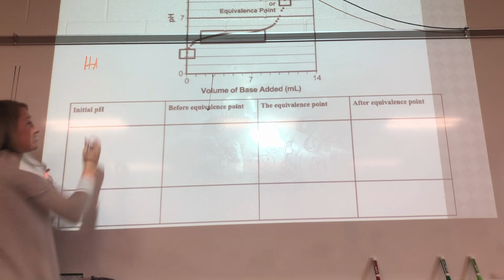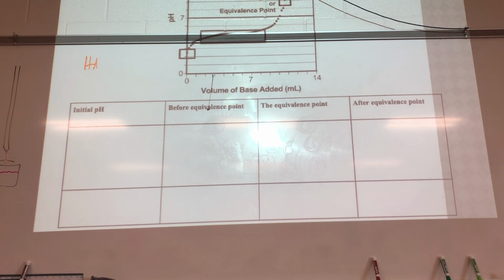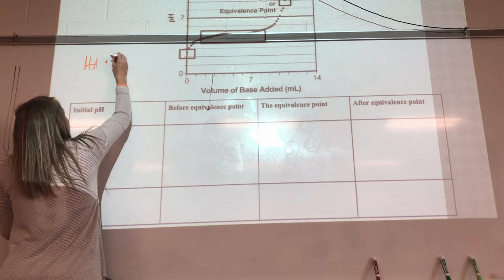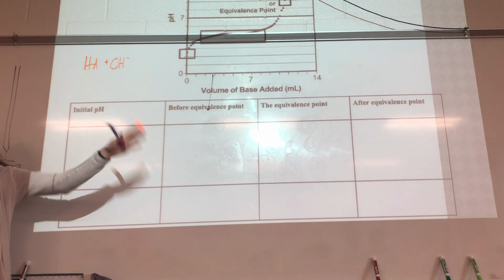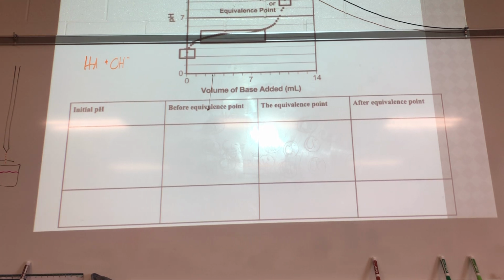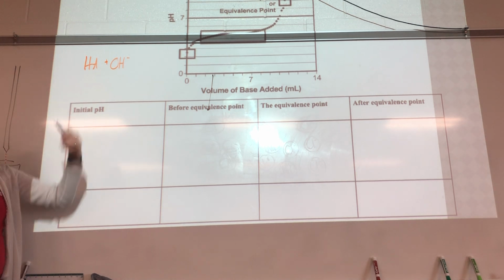So we're going to react HA, that's my weak acid, so that's down here, and we're going to react it with a strong base. In this case, we're going to remove the spectator sodium. So we're just going to focus on the OH minus. So you don't have to draw sodium in any of the boxes this time. Okay? Ready, set, draw.